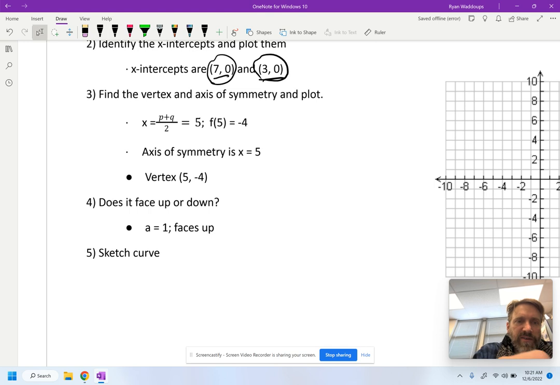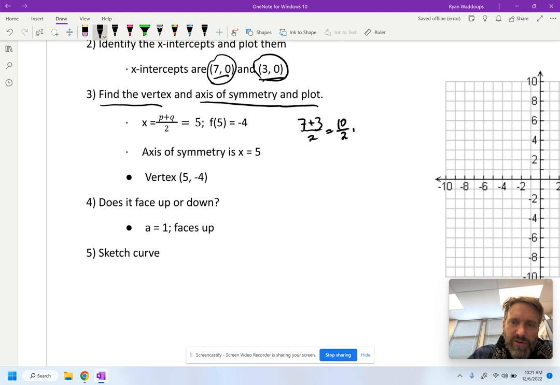And it says find the vertex and axis of symmetry. So we take p plus q divided by 2 equals 5. 7 plus 3 divided by 2 is the same as 10 divided by 2, which is 5. And there's how we get that 5. And the negative 4 comes from putting this 5 back into the equation.